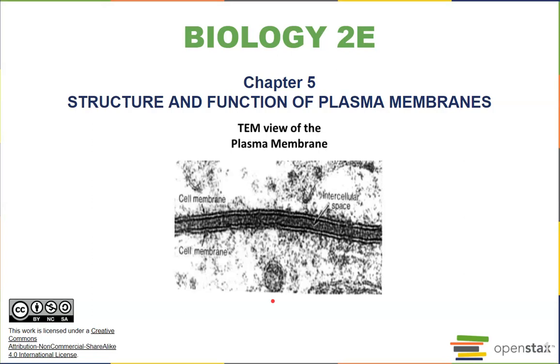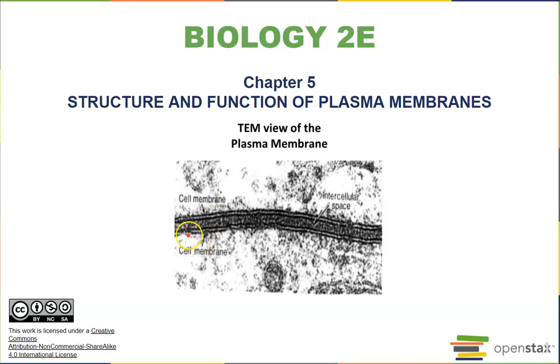This is a really nice micrograph picture taken with a TEM microscope, transmission electron, right? So we're looking at the inside of a cell, and it's actually two cells that we're looking at. So this here is one cell, and then this here is another cell, and then this dark part is the intercellular space, so that empty space between two adjacent cells.